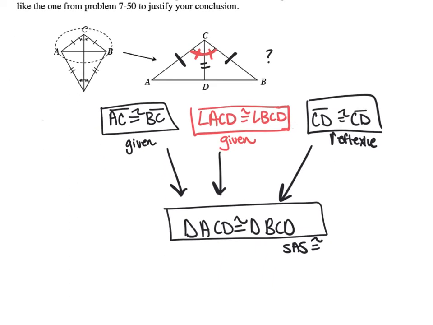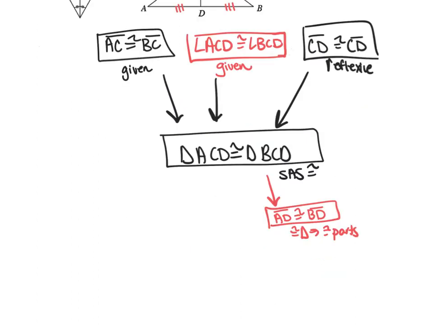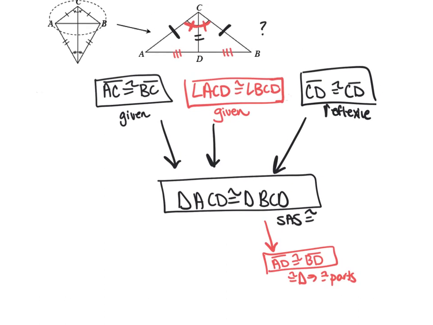Now, my original conjecture was to show that the diagonals were perpendicular, so to show a 90-degree angle, and to show that the one diagonal was cut in half. Well, since I know these triangles are congruent, I know all of their corresponding parts must be congruent. That means AD must, in fact, be congruent to BD. And I know that is true because congruent triangles yield congruent parts.